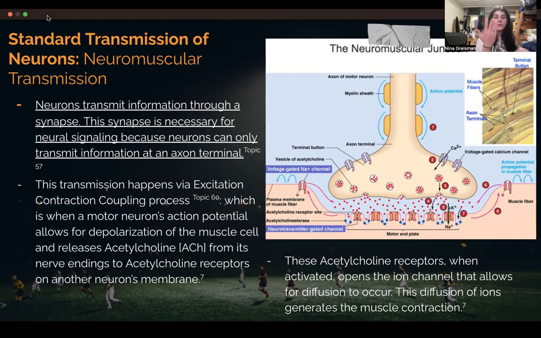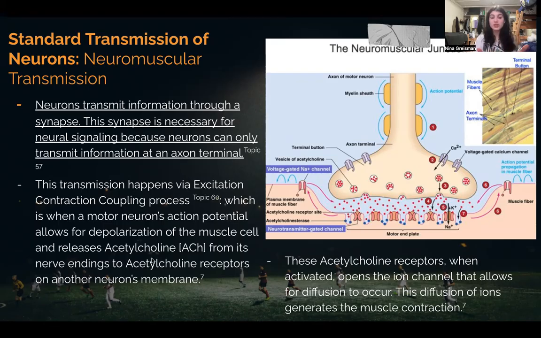This motor neuron's action potential releases acetylcholine, as you could see here, in these little vesicles from its nerve endings to acetylcholine receptors on another neuron's membrane. And these acetylcholine receptors, when activated, open the ion channel that allows for diffusion to occur. And as I mentioned, this diffusion is so important for the electrochemical gradient to be fueled, so energy could actually be generated, and these processes can actually occur. And so this diffusion of ions generates the muscle contraction.